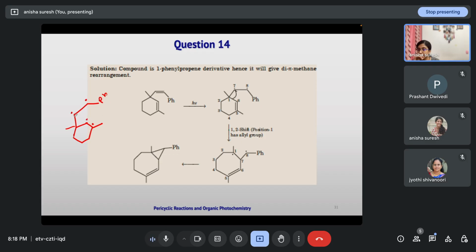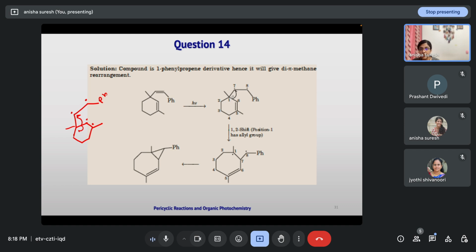So here there is a possibility for getting a more stable radical by shifting to this position, right? So what will happen? This bond will shift in a homolytic fashion, or this bond will recombine with this radical, leading to formation of a new radical center here. So a ring expansion will be taking place.